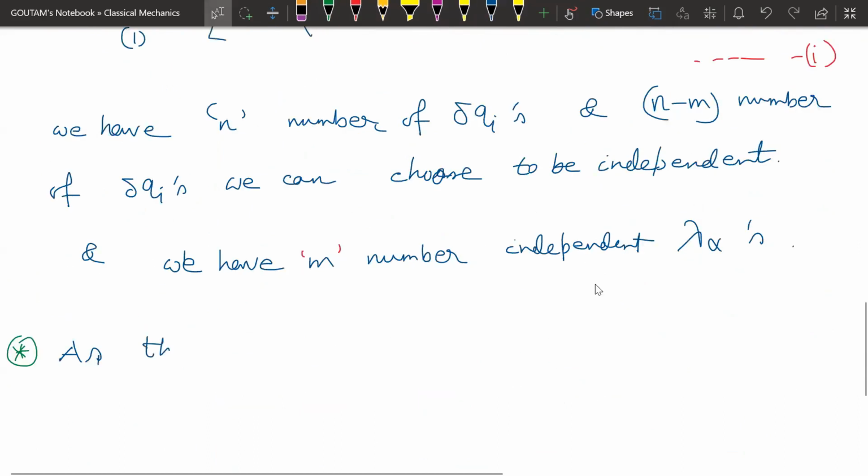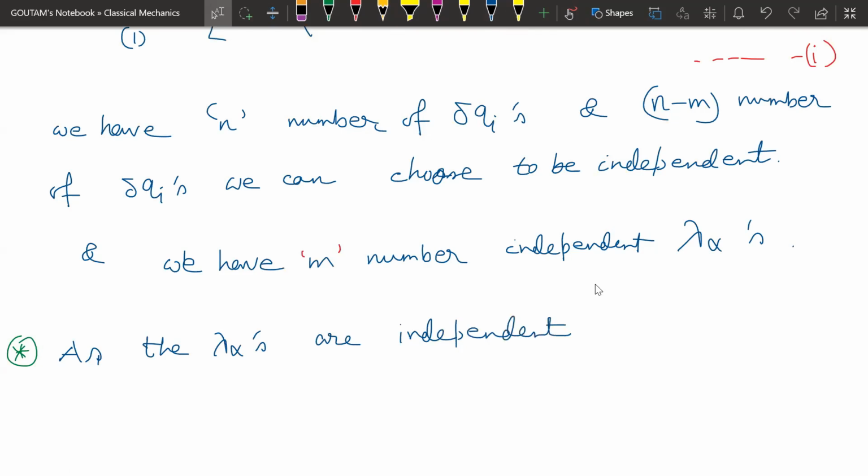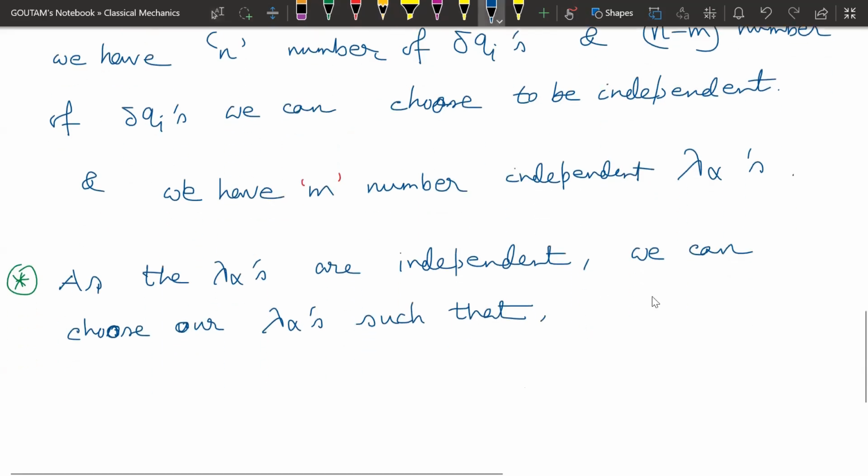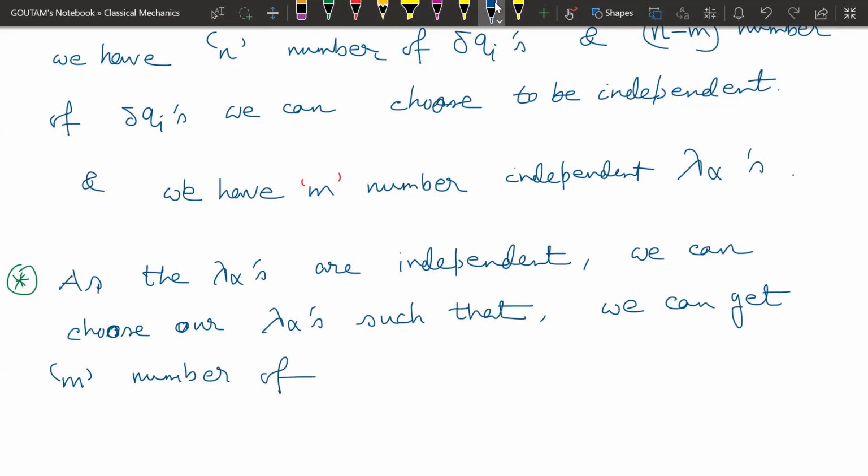As the lambda alphas are independent, we can choose our lambda alphas such that we can get m number of equations.